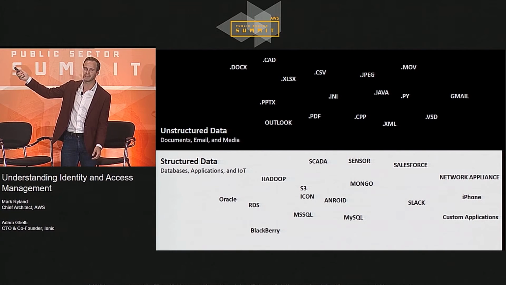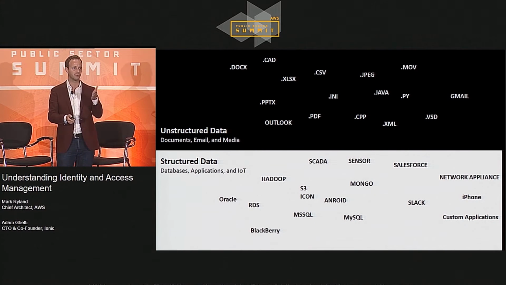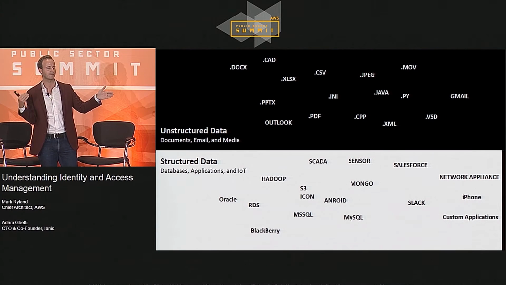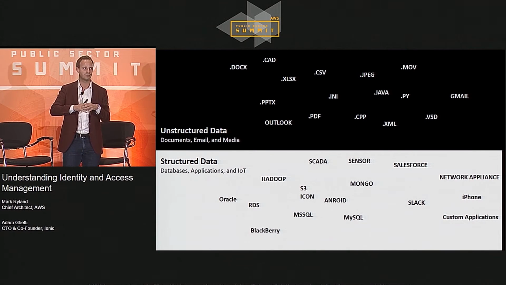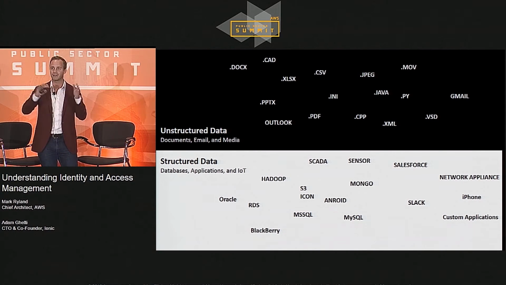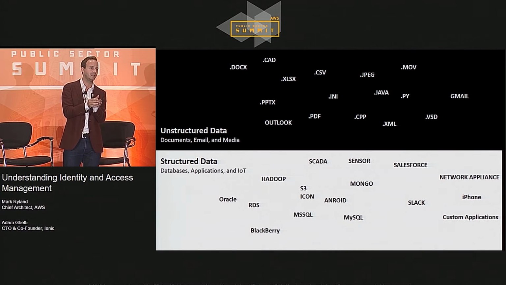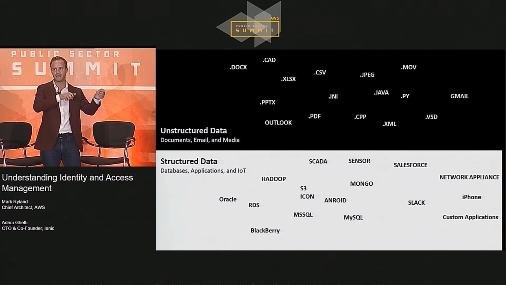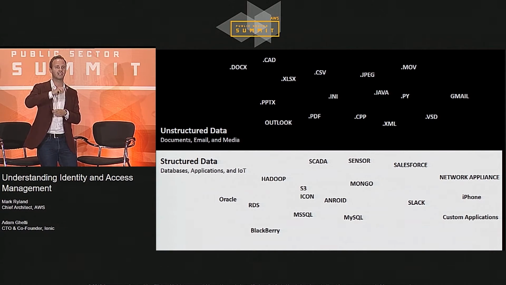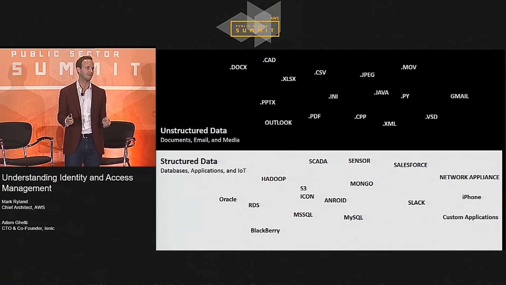That Office document gets uploaded to Salesforce, which puts it into an Oracle database, which has custom applications connected to it, that then gets used by a user to run a report across 1,000 documents, which gets put into a PDF, gets pulled back out, put into your email client, sent to my Android. It changed hands from structured to unstructured multiple times in just a few minutes.